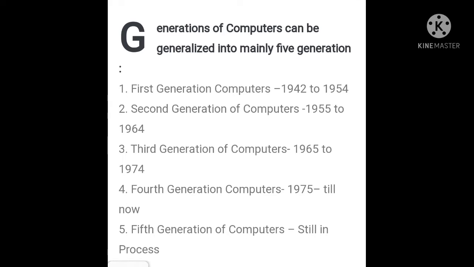The third generation of computers is from 1965 to 1974. The fourth generation computers is from 1975 till now. The fifth generation of computers is still in process.